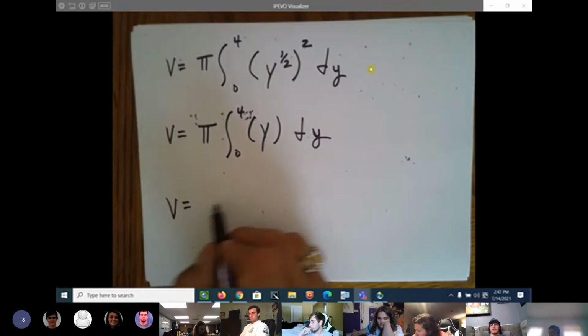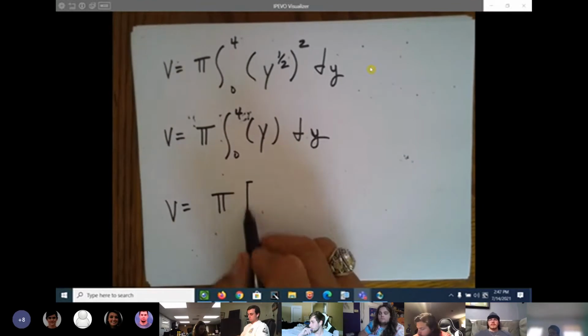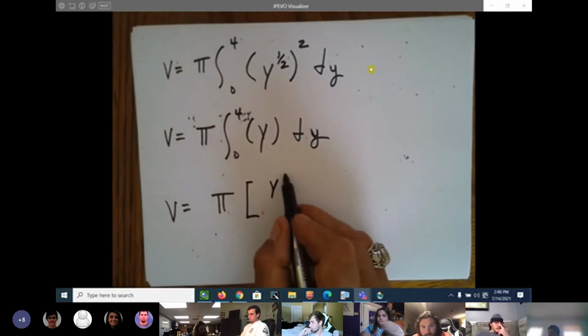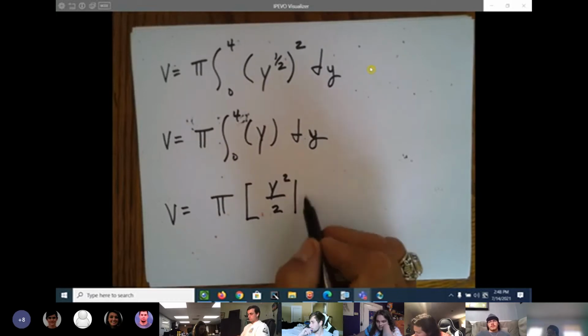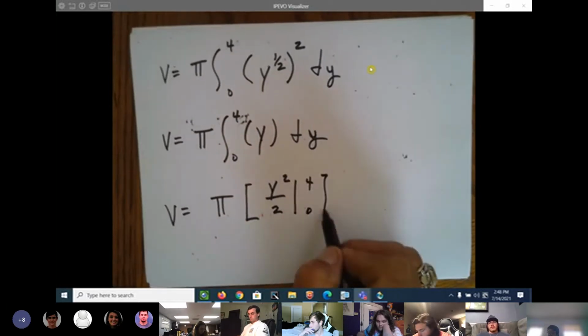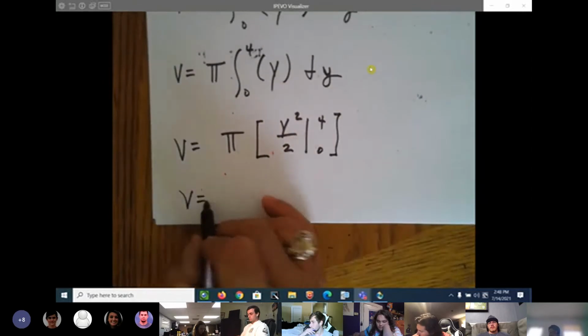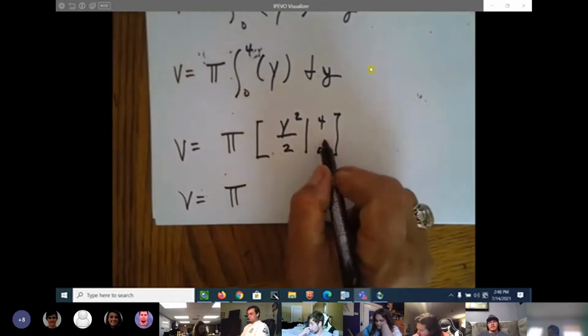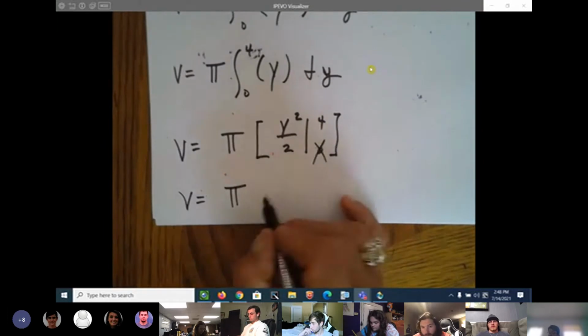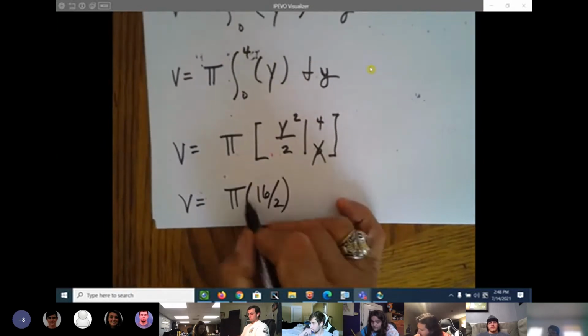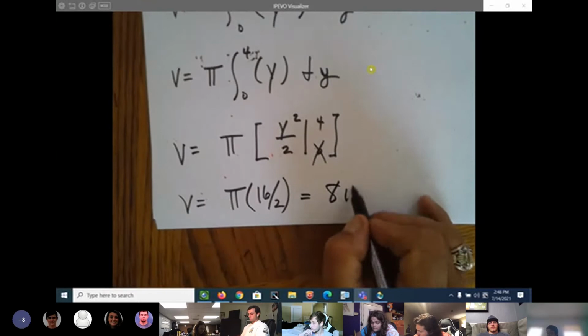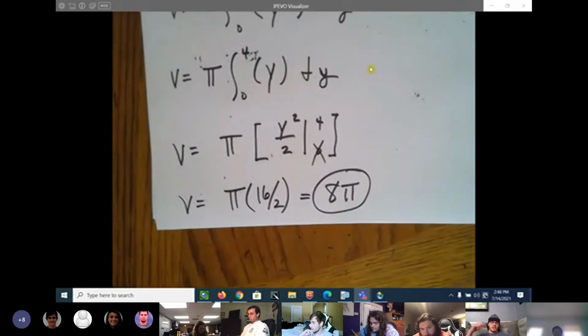And V is equal to pi times y squared over 2 evaluated at 4 and 0. V is equal to pi, that cancels, 16 over 2, 8 pi. And you see you got the same answer.